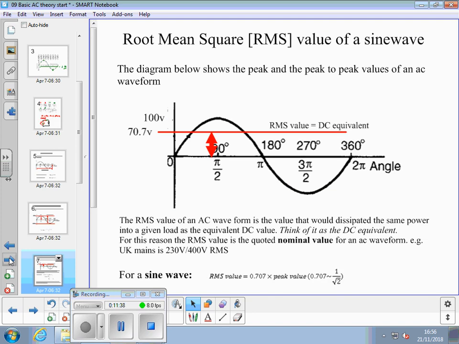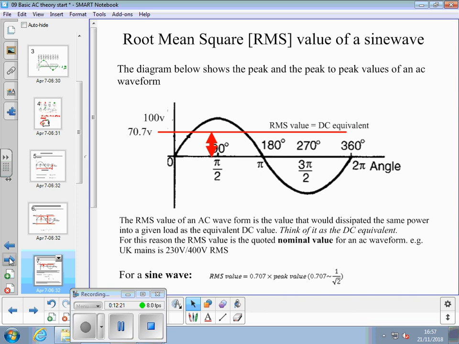Root mean square. The root mean square, RMS value, is an important value for AC waveforms. I'm going to stick to considering a sine wave. The RMS value of an AC waveform is the value that would dissipate the same power to a given load as the equivalent DC value.